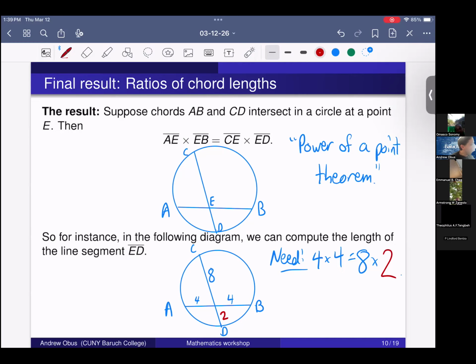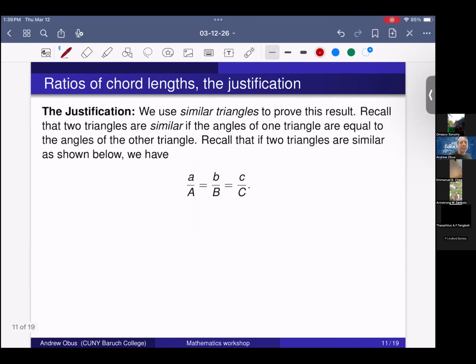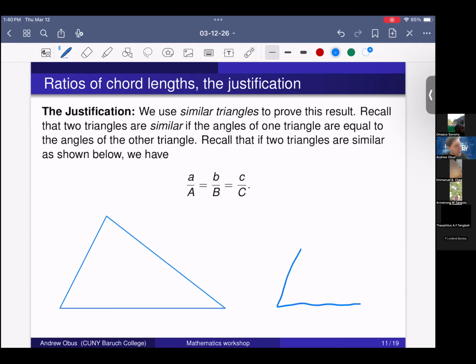Let's justify this. We're going to use similar triangles to prove this result, so let me remind you about similar triangles. Two triangles are similar if the angles of one triangle are equal to the angles of the other. I'll draw one triangle, and then another that looks like the same triangle but smaller.